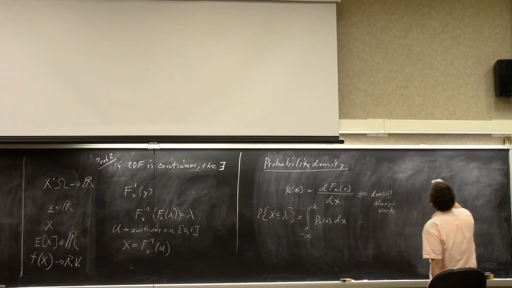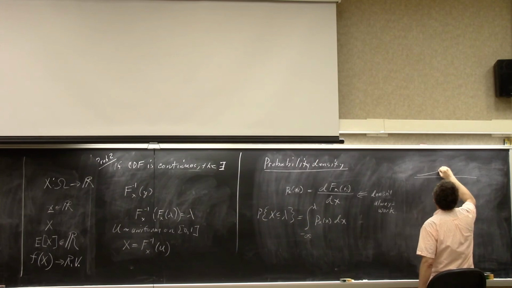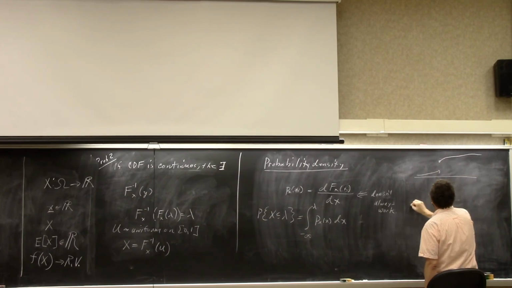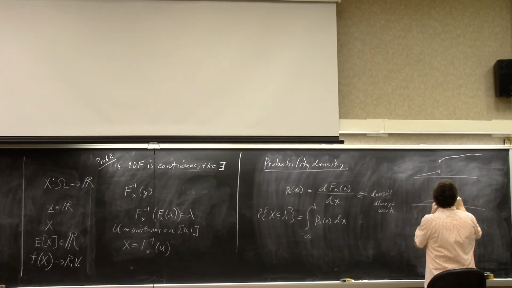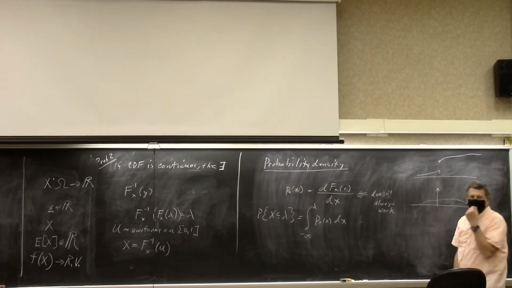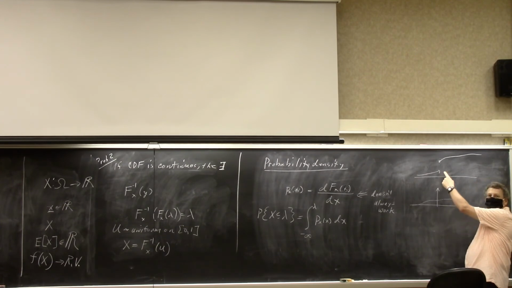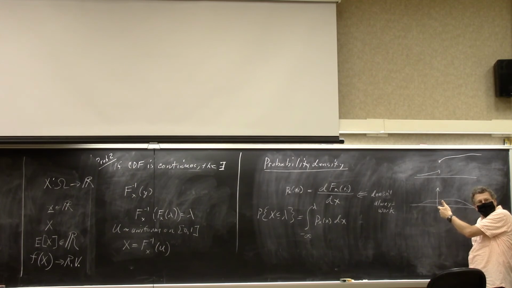Okay, so you have the function like this. Over here, the probability distribution would be like this, and then maybe like this, I don't know. But over here, you're going to have a spike in the density associated with the discontinuity, because there's a discrete probability that it takes on that specific value.